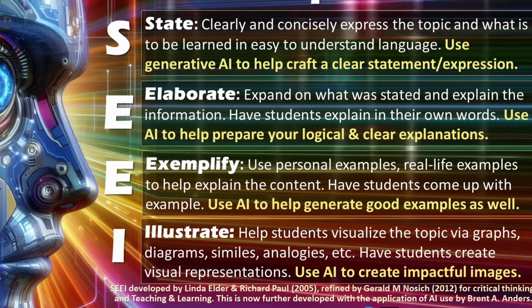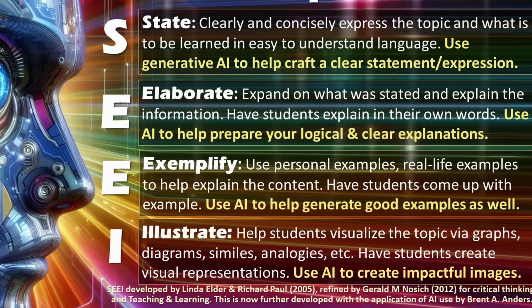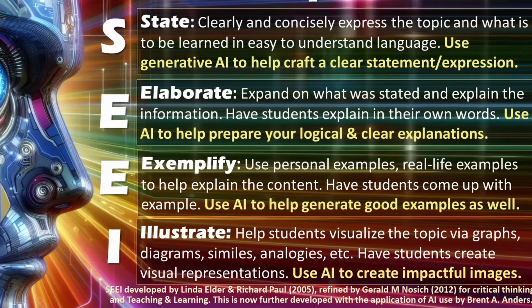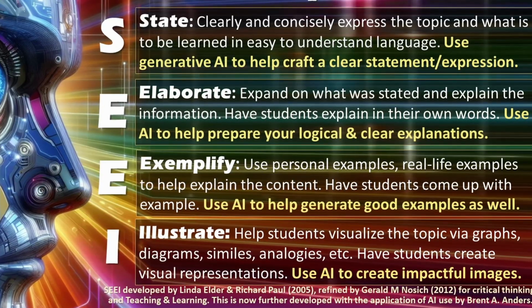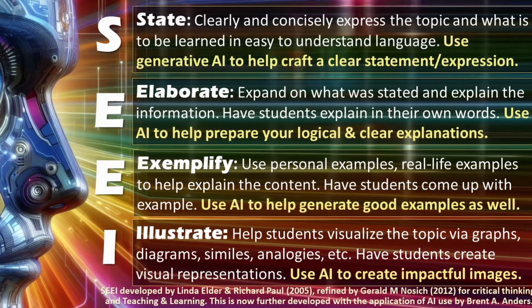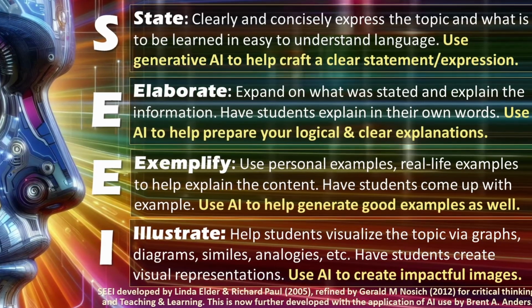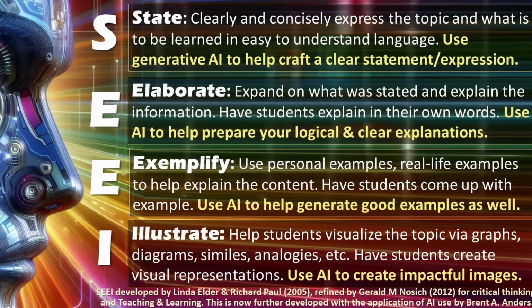Maybe you have students that are really into art. Well, you could have the AI create examples of what you're talking about, but within the art field. That's really powerful. Again, this really helps with personalization of the content, because you could help any student that's struggling by having the AI create specific examples that will help them to understand that.